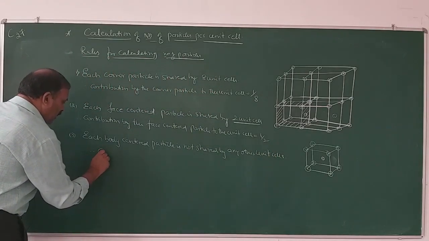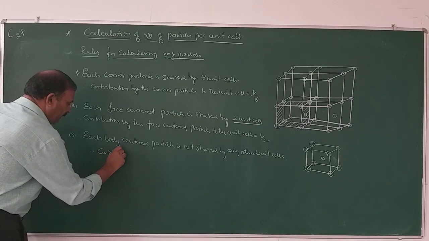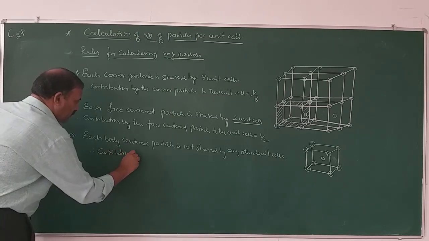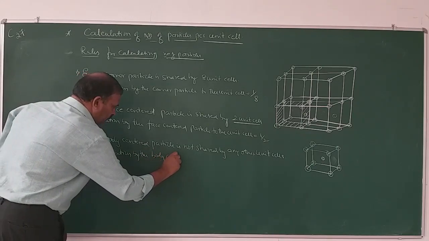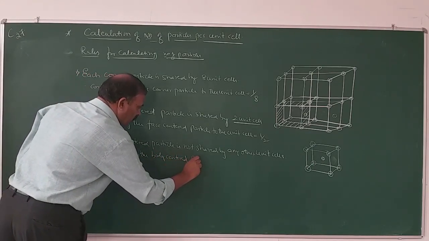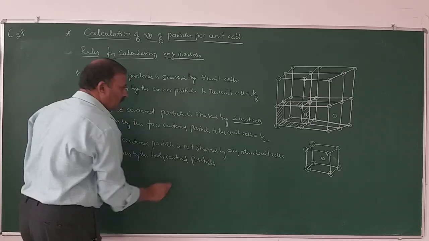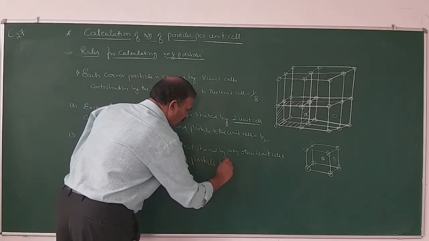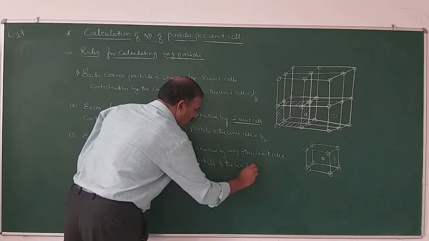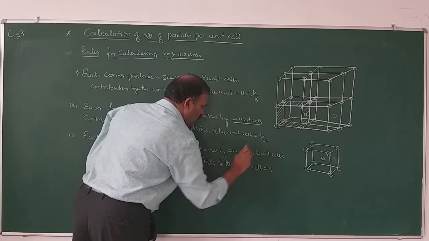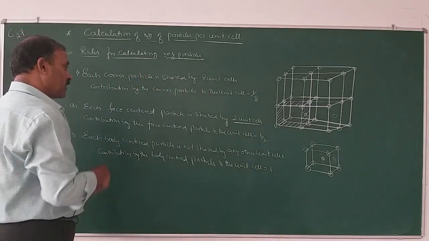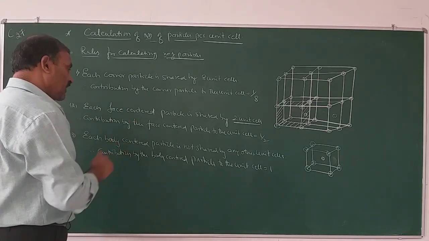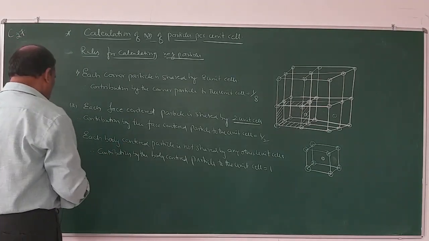Therefore, contribution by the body-centered particle to the unit cell is equal to 1. That means the body-centered particle completely belongs to that unit cell only.